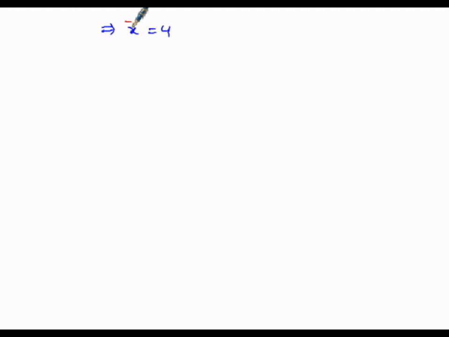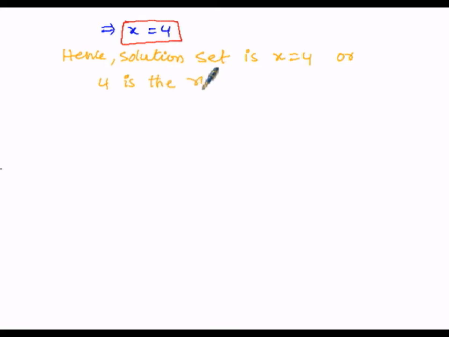So x equals 4 is the root or the solution set. So hence the solution set is x equals 4, or in other words, 4 is the root of the given linear equation.